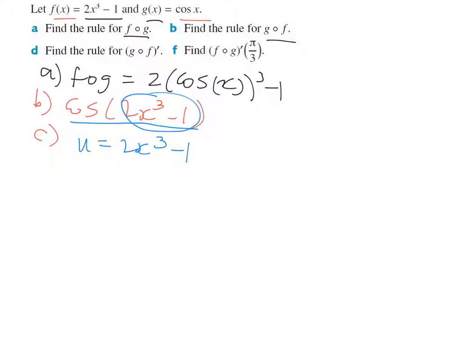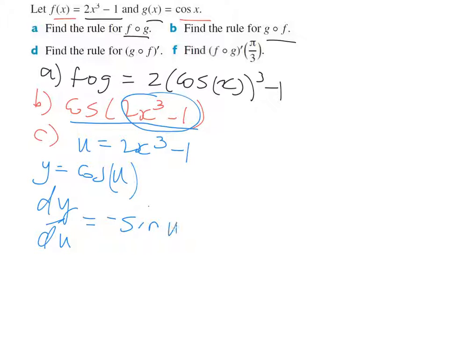Now from there, we're going to call it y, y equals cos of u. So the derivative of that, dy du, is negative sine of u. And the other thing we need to do is differentiate this, so du dx equals 6x.